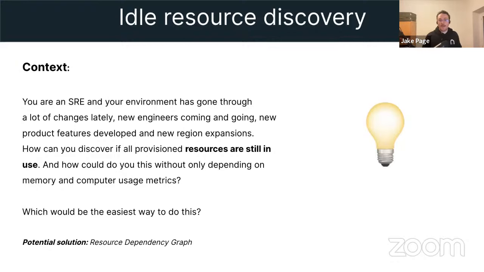Because if you're looking at compute and usage metrics, these are always limited to the account that you're looking at. But how do you know that you're covering all of the resources provisioned in your accounts across all of your multiple cloud providers?